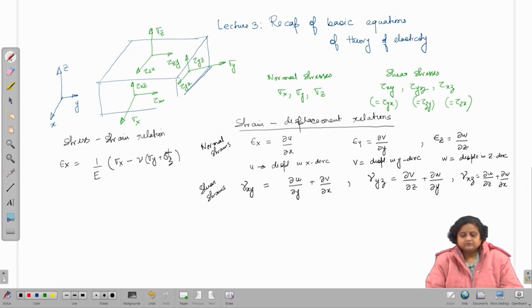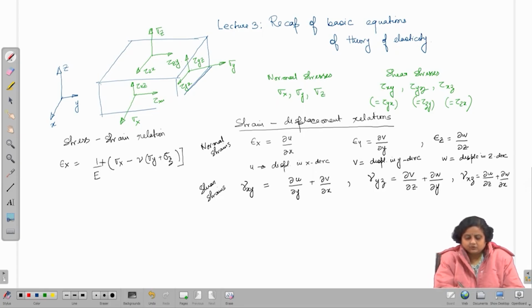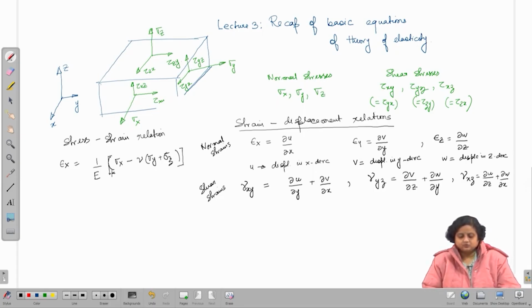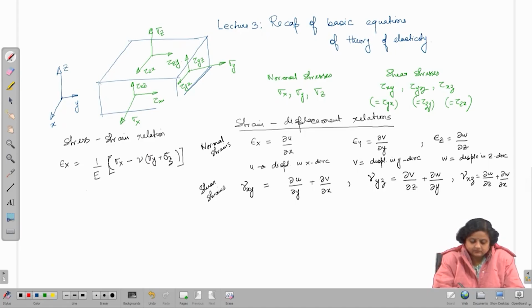This is also sometimes called the generalized Hooke's law. So, this is the Young's modulus and this is the Poisson's ratio.